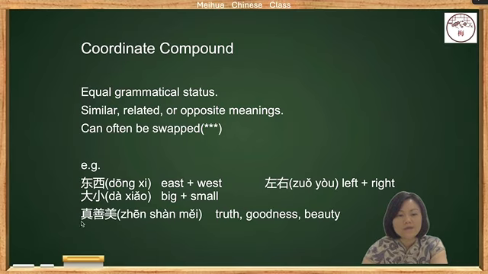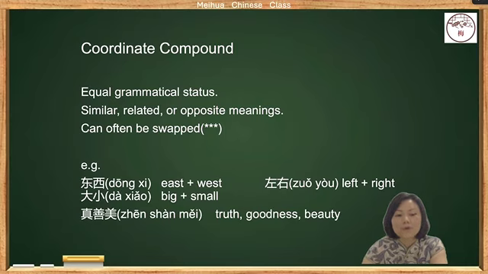Okay, we have a 3 syllables word here. 真善美, 真善美. 真 means true. 善 means good, kind. 美 means beautiful. 真善美 as a word here, when each of these characters is used separately, they are adjectives.